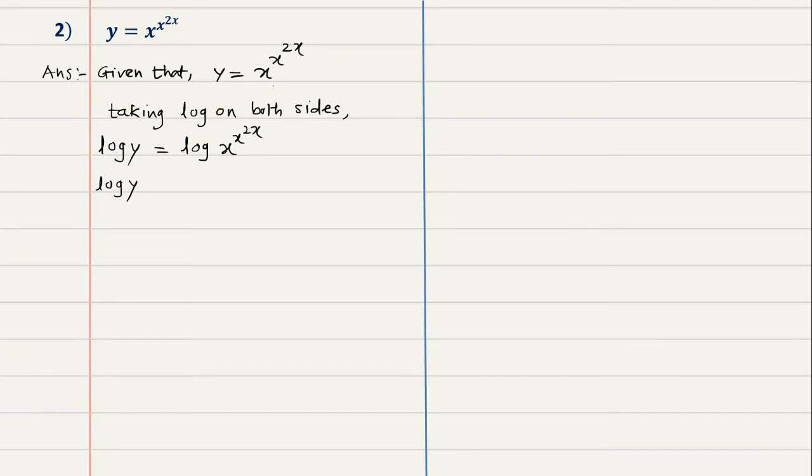You will get log y is equal to, now see here, log of x raised to 2x. In this case, this x is base and 2x is an index. So you can write this here, 2x into log x. So this is the simplification by taking log on both sides.